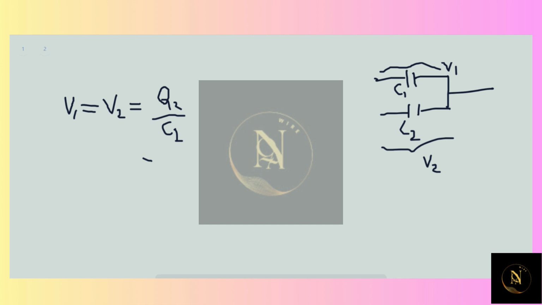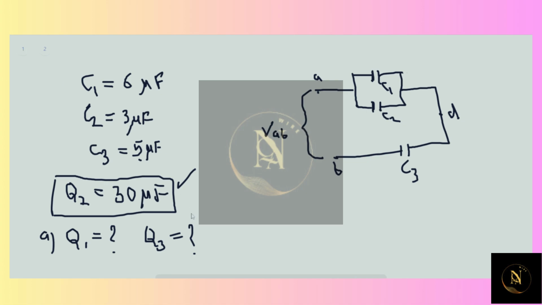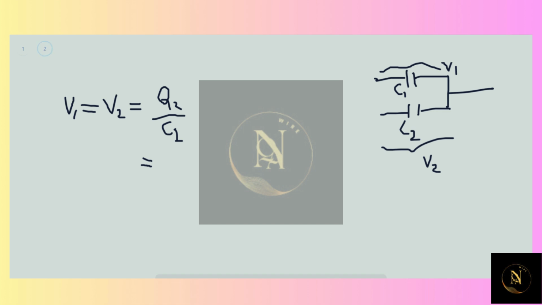We already know the value of the charge on the second capacitor, which is Q2, given to us to be 30 microcoulomb. So Q2 equals 30 microcoulomb divided by C2, the value of the capacitance C2, which is given to be 3 microfarad.